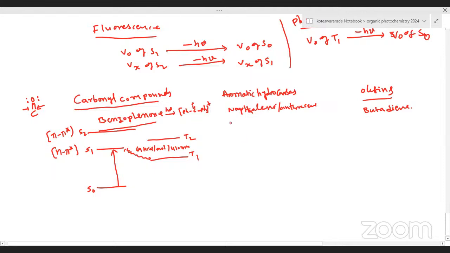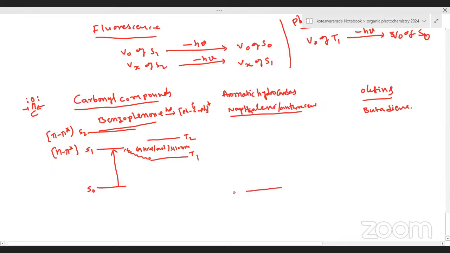Now coming to naphthalenes or anthracenes. These are moderate triplet sensitizers. Carbonyl compounds are efficient triplet sensitizers, and aromatic hydrocarbons are moderate triplet sensitizers, because they have moderate intersystem crossing efficiency.